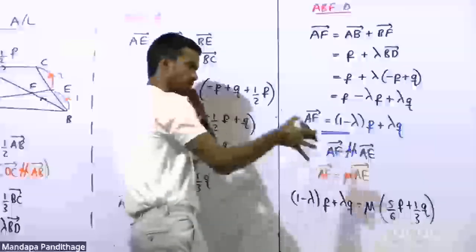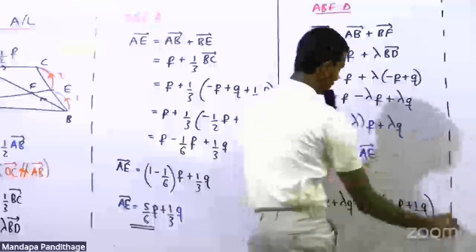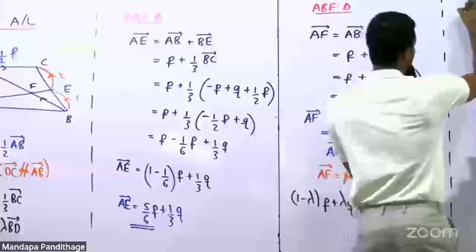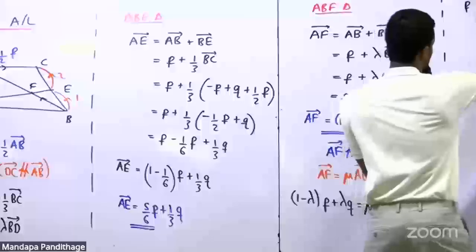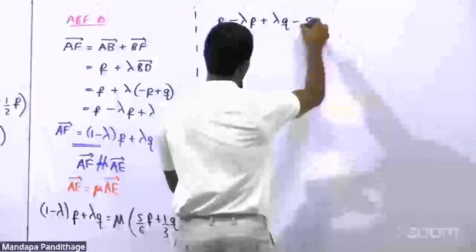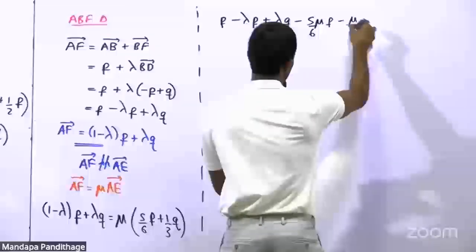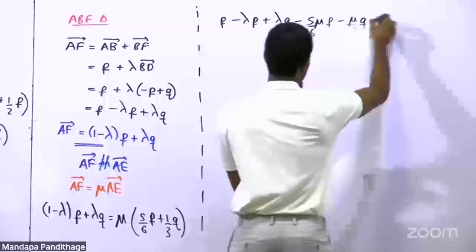So when you take all the terms to one side, you get P minus lambda P plus lambda Q minus 5 mu over 6 P minus mu over 3 Q is equal to 0.